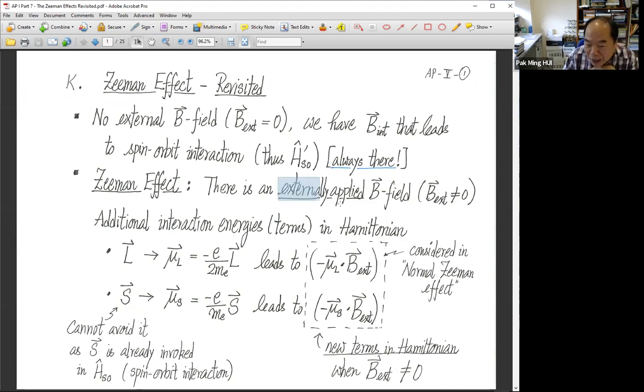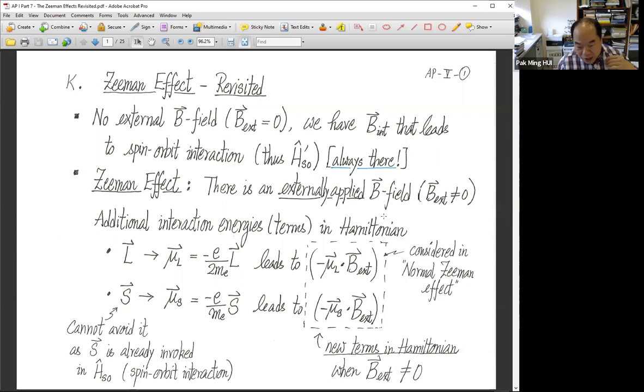We bring back our external applied field. And we don't ignore spin. So we have spin-orbit interaction effect and an external magnetic field. Everything is there, okay? Now, we want to handle it in a very systematic way, okay?